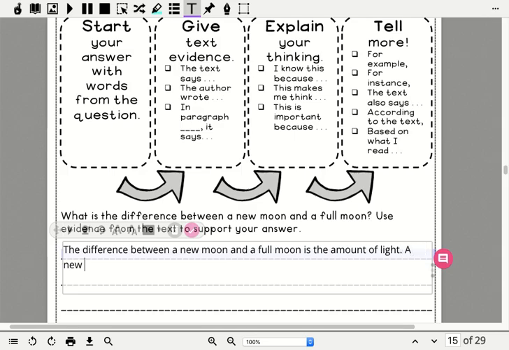So a new moon, right here. We need to put our text evidence first before we say that. So we can say the author wrote, and I just took that from the second box at the top.